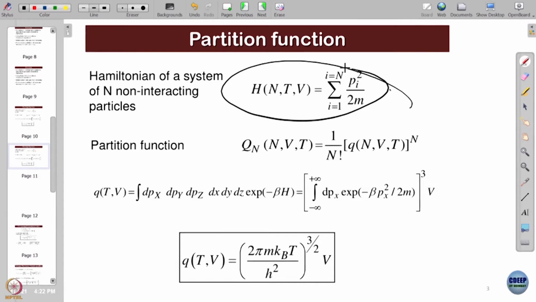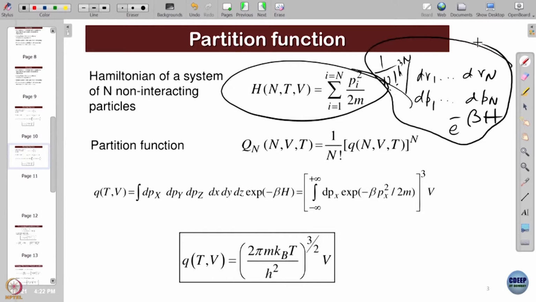Now, I want to get the partition function, and as I have shown, the partition function here is 1 over N factorial, and then 1 over h to the power 3N, then dr1 ... drN, then dp1 ... dpN, e to the power minus beta H. So, this would be the partition function.